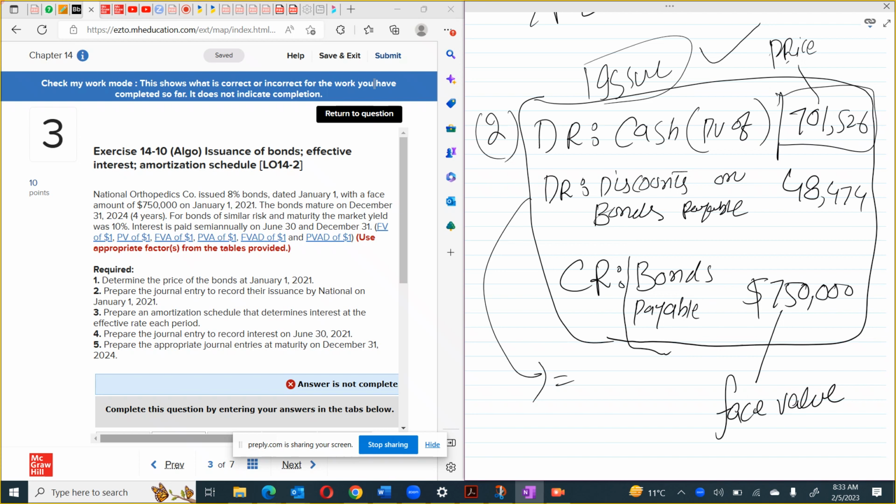Debit bonds payable and credit cash. So what you will record on bonds payable, and what will be the amount? Simple, either it is a premium or a discount, you will record the last entry at face value. So it will be the face value.